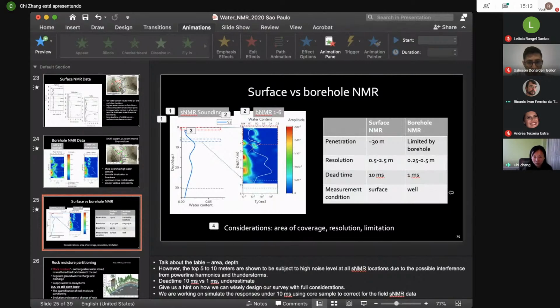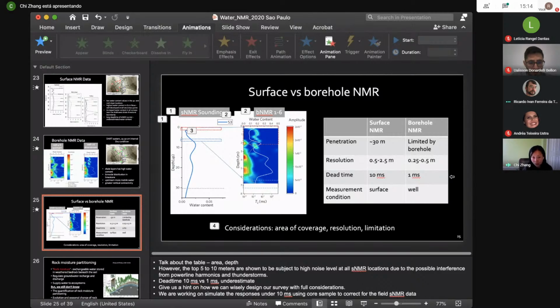For the lab NMR, usually the dead time is much smaller than this, so you can capture more of the water from smaller pores. And for the measurement, of course, you need to cut your core plugs and load them into your NMR machine. I'm not sure if I fully answered this question.